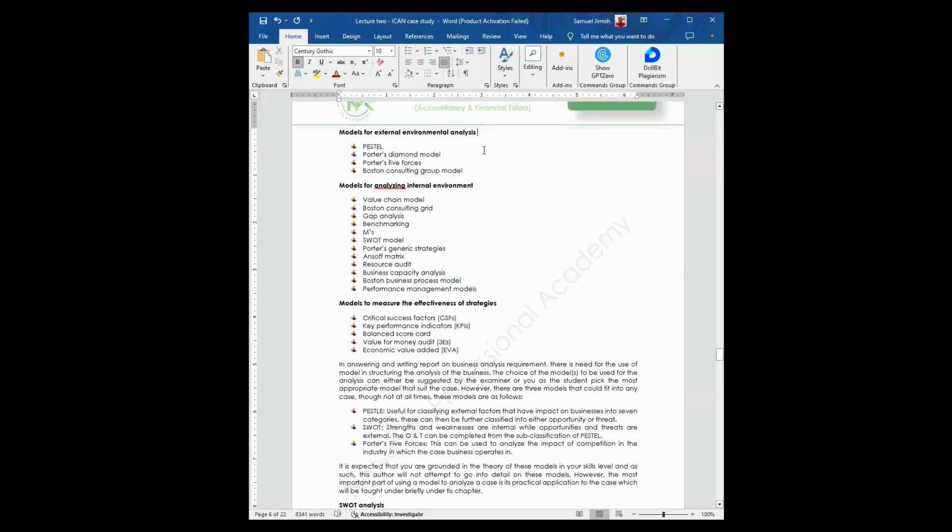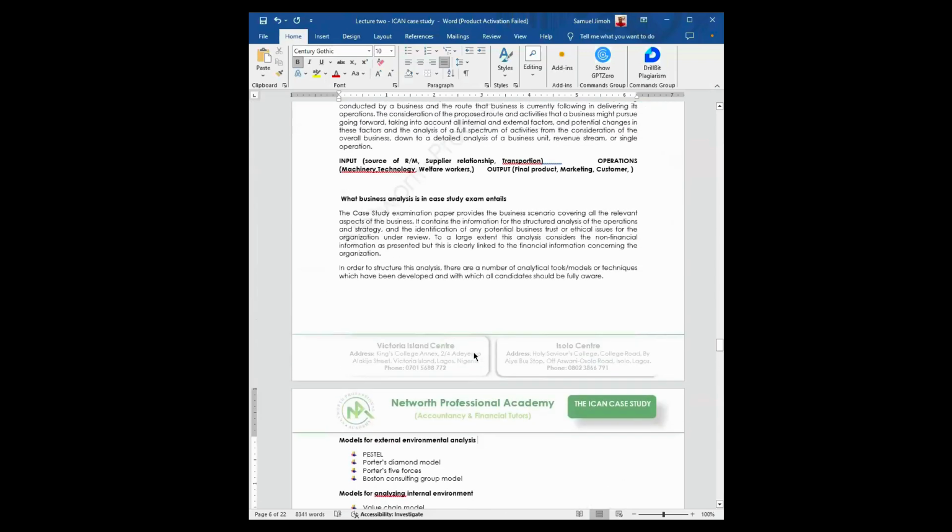One of my other colleagues will do just a brief introduction on these models, hopefully when there is enough time to do so. So these are the various models that can be used to do business analysis.